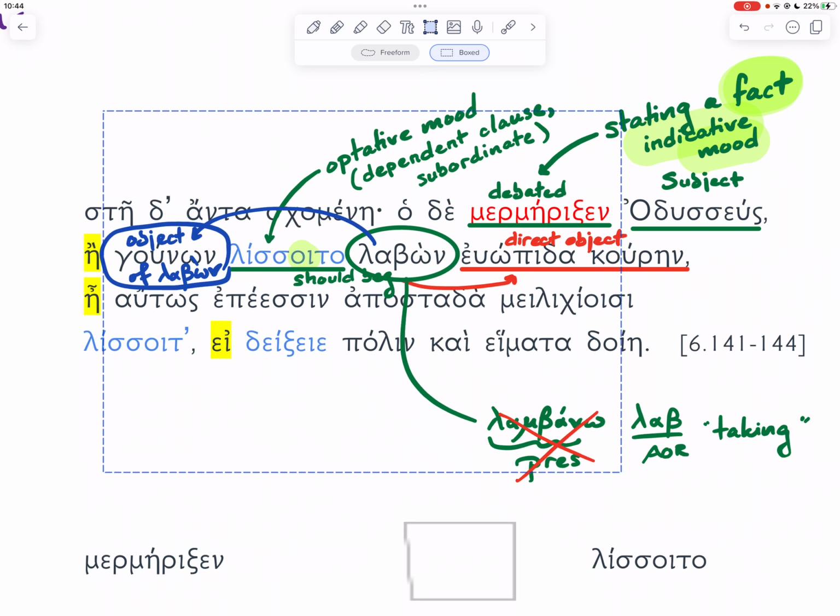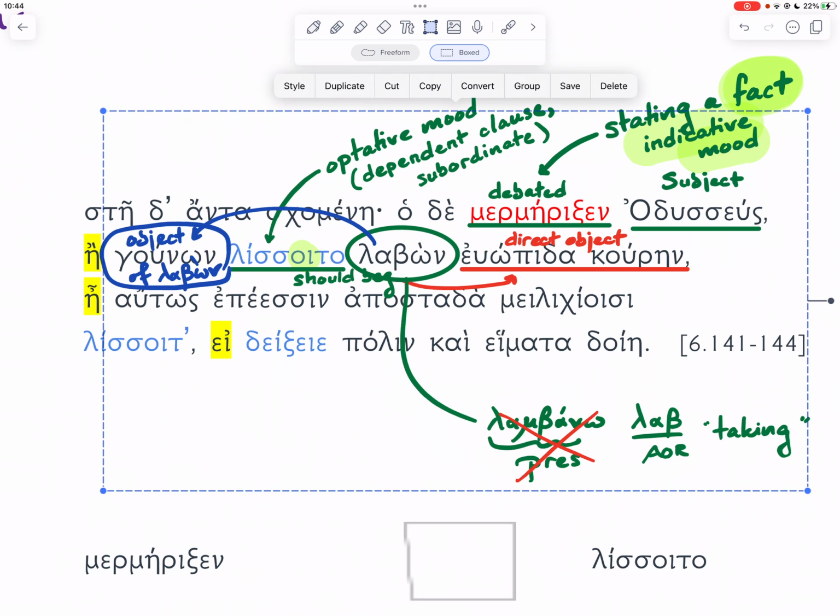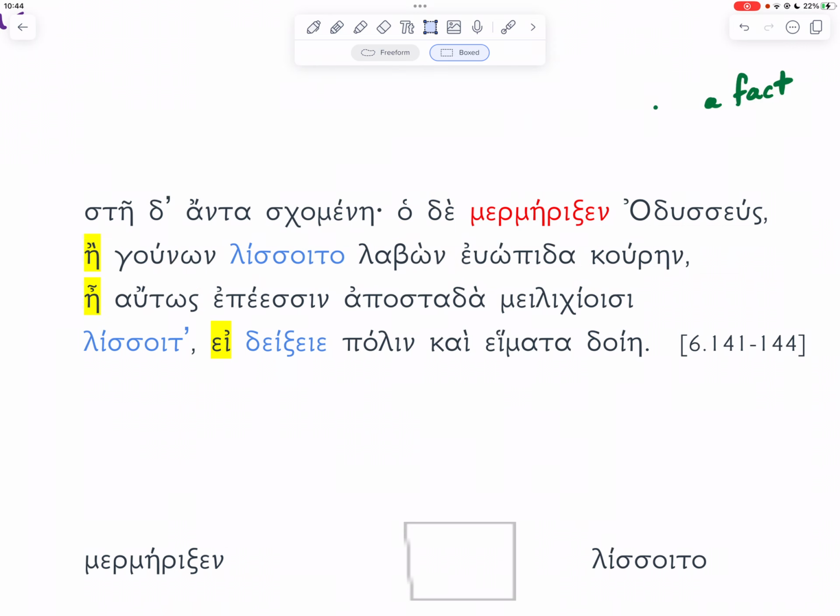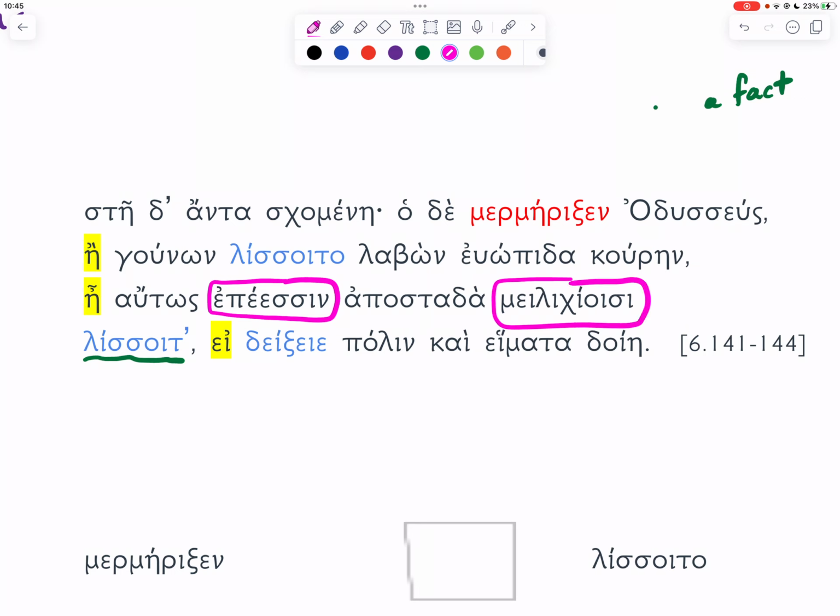What's the second half of him debating? Whether he should grasp her by the knees, or whether he should lissoita, again, beg her, entreat her with epeessin malichioisi. Remember, pink is dative, and I know that from this ending -sin and this ending -oisi.